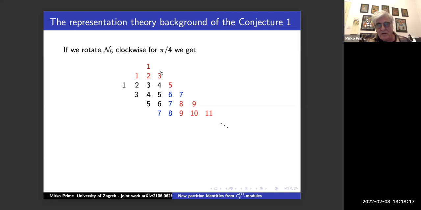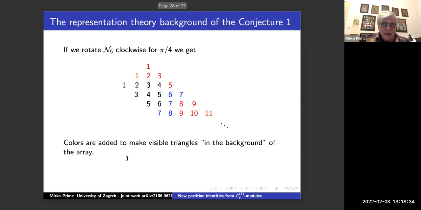The other diagonals become vertical, and what was downward path becomes something what we'll call a cascade, this downward path. So I added to make visible triangles in the background.